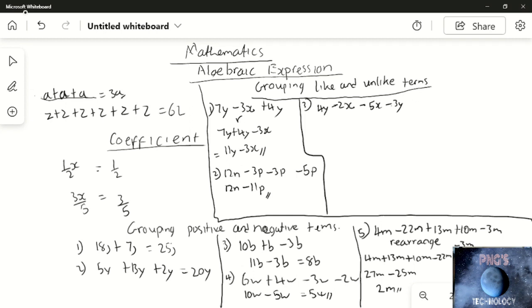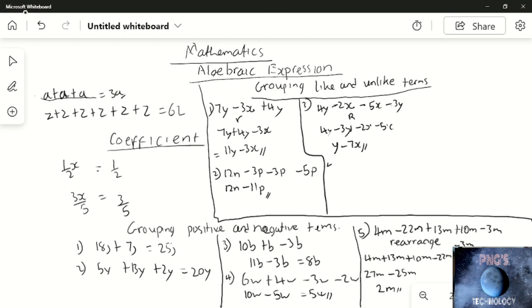Rearranging is very essential. So rearranging, we'll have 4y, then we bring this other y, minus 3y, then minus 2x minus 5x. So 4y minus 3y will be 1y, which is noted as just y. Then minus 2 minus 5 is minus 7, so we have minus 7x. And that is our answer.